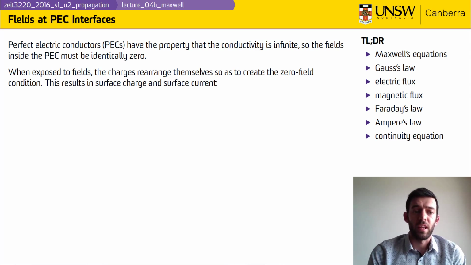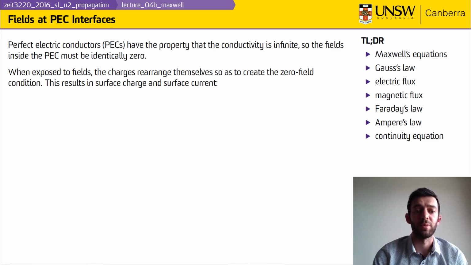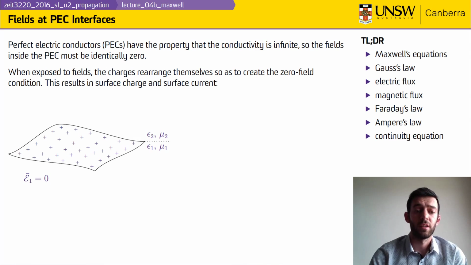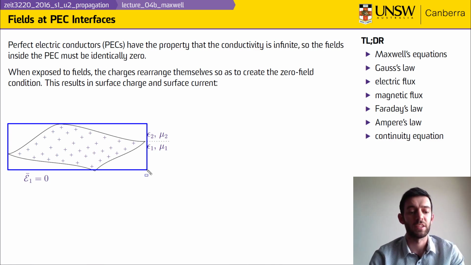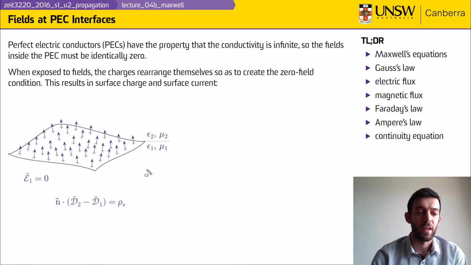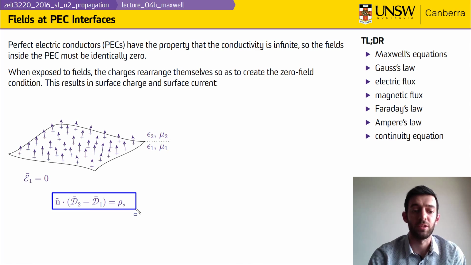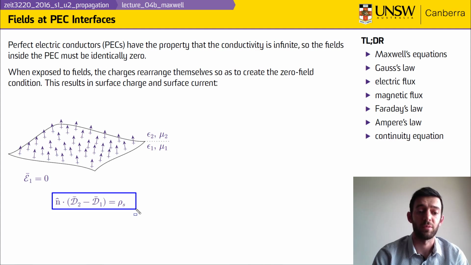A property of that approximation is that when exposed to fields, the charges rearrange themselves so as to create a zero field condition. What that means is that there is infinite relaxation, and this results in very particular surface charge and surface currents. When we look at the electric fields with a surface charge density on that interface, we will know that n dotted with the difference of D2 minus D1 is equal to that rho sub s.